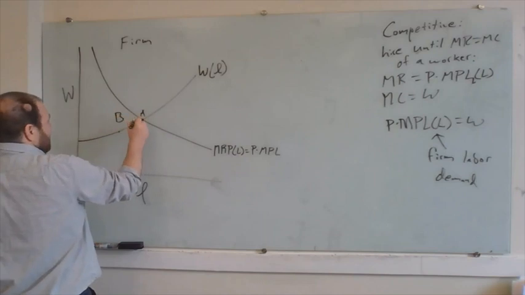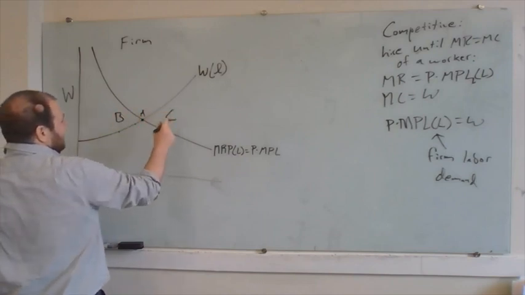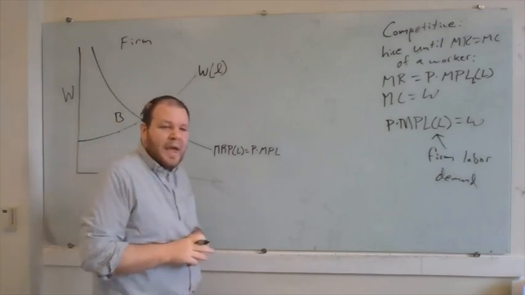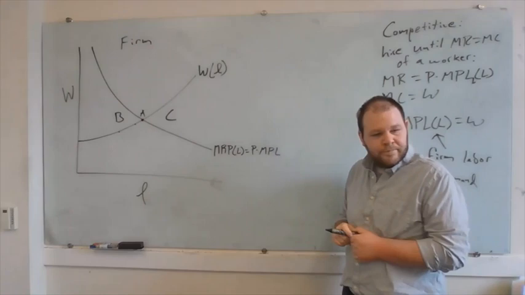Or B, which is something lower? Or C, which is something above? I want you to think really for a moment about what you think is likely to happen. Okay.